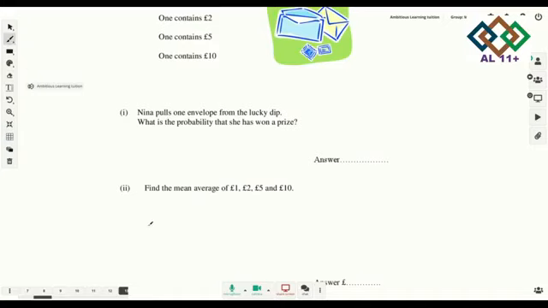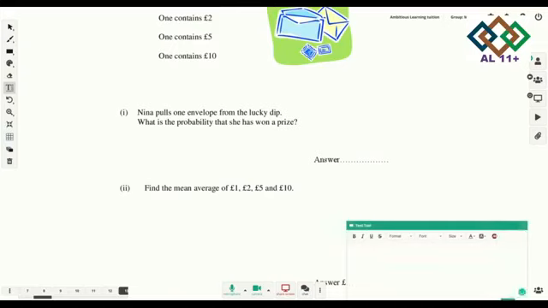In the next one, they're asking you, what is the mean average of this? You need to find out the mean average. There are 4 of them. You add them up. Remember what mean is. So it'll be 10 plus 5 plus 2 plus 2 plus 1 divided by 4.